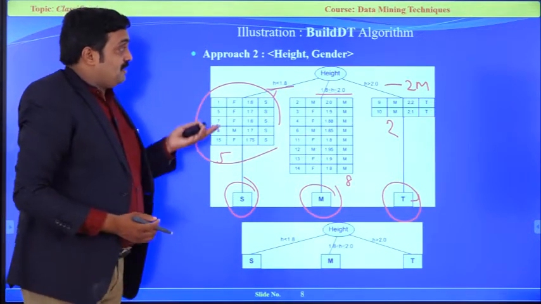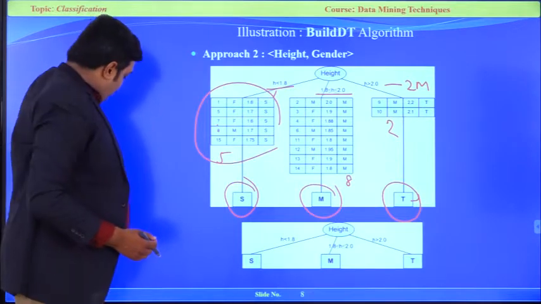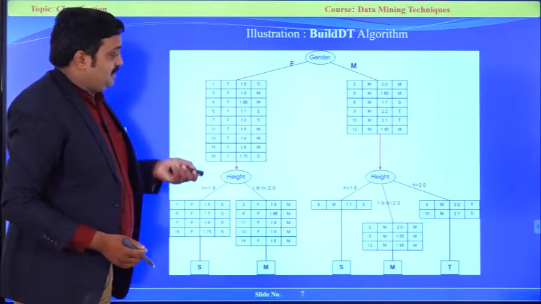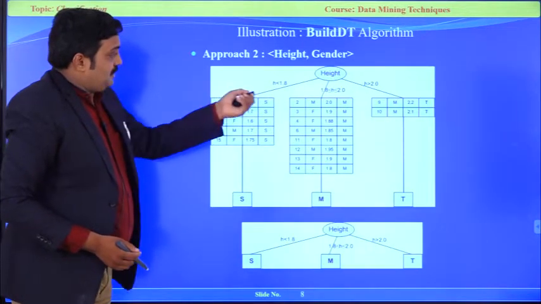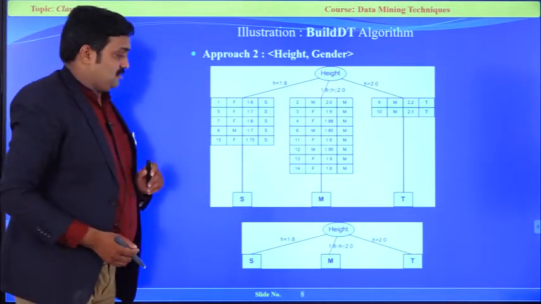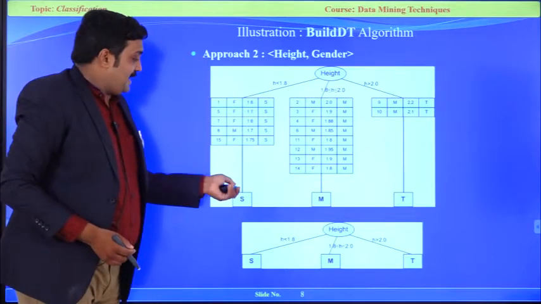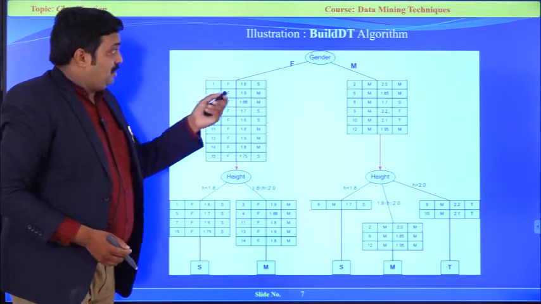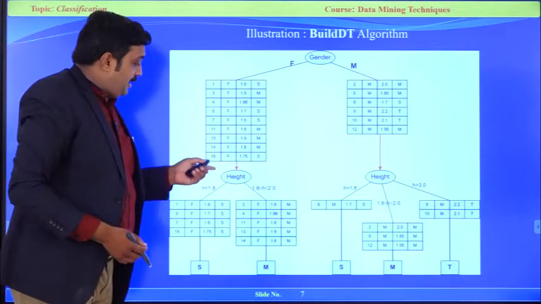Comparatively, the first one is gender, and height is giving the easiest thing. So with this I can directly say smaller, medium, taller, but in the other case I need to take gender, then I need to take height.